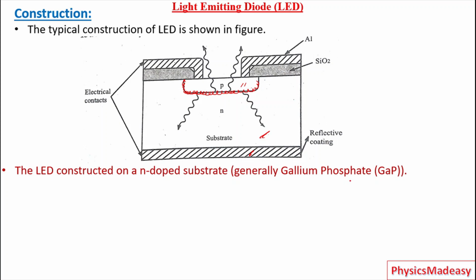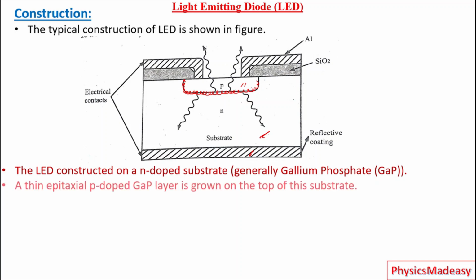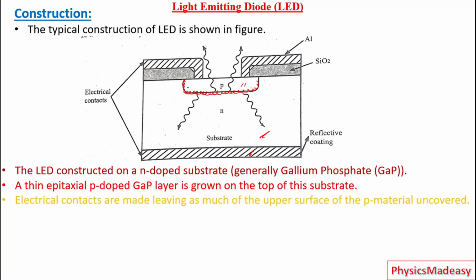Why gallium phosphide? In simple, it is a direct bandgap semiconductor. A thin epitaxial p-doped GaP layer is grown on top of this substrate, and electrical contacts are made, leaving as much of the upper surface of the p material uncovered.